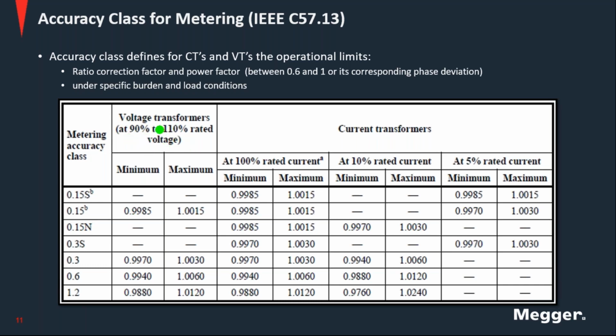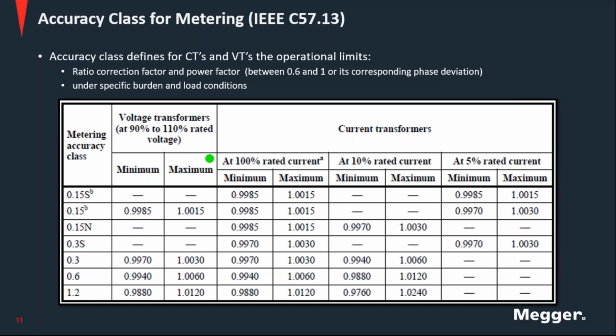These voltage transformers will perform within these limits if the voltage is between 90% and 110% of the rated voltage. We're talking about the metering class, so you're not interested in metering if the voltage is below 90%, which would be like a fault condition. The opposite happens with current transformers.